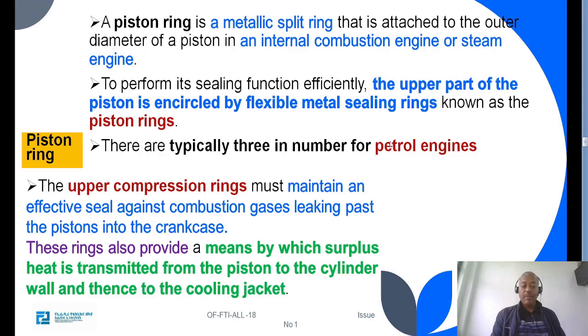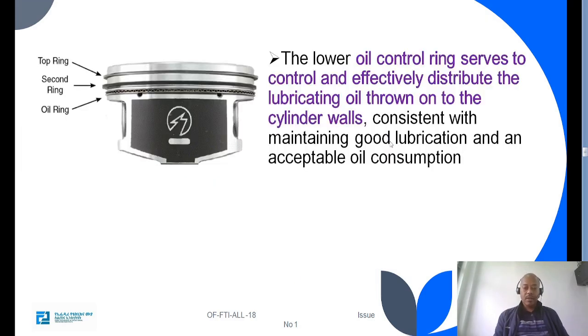This ring also provides a means by which surplus heat is transmitted from the piston to the cylinder wall and thence to the cooling jacket. The lower oil control ring serves to control and effectively distribute the lubricating oil thrown onto the cylinder wall, consistent with maintaining good lubrication and avoiding unacceptable oil consumption.